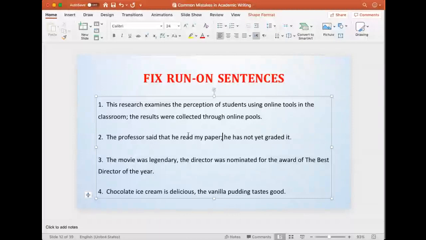The professor said that he read my paper. Can I use a coordinating conjunction? Yes, exactly. We can say but or yet. But yet is already used. So I would say but, okay.